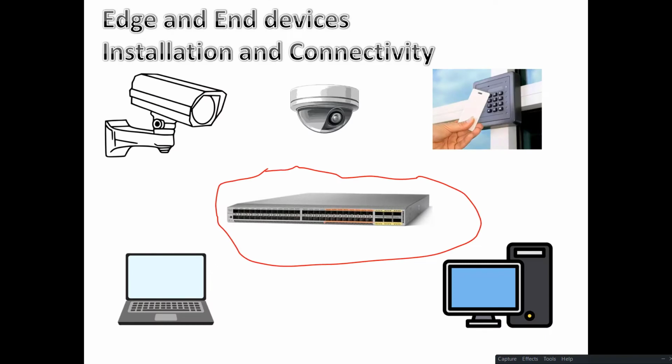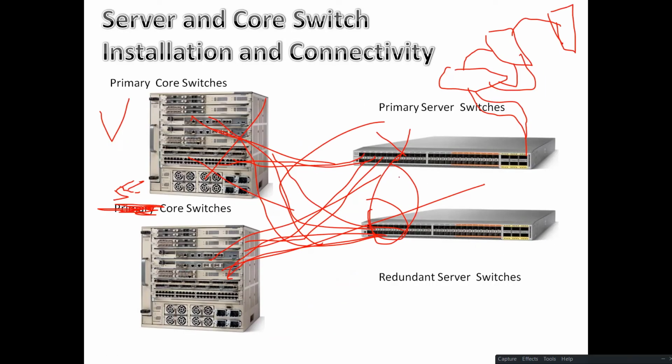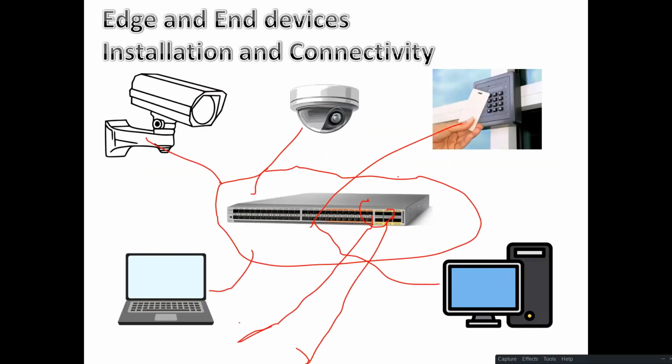In any building, it depends on your company and project requirements what kind of devices you have. You can connect your cameras, access control, laptops, and PCs, and people working in the buildings. And each PC will have two direct links, one to core 1 and one to core 2, like we saw here. Hopefully you understand the connectivity.